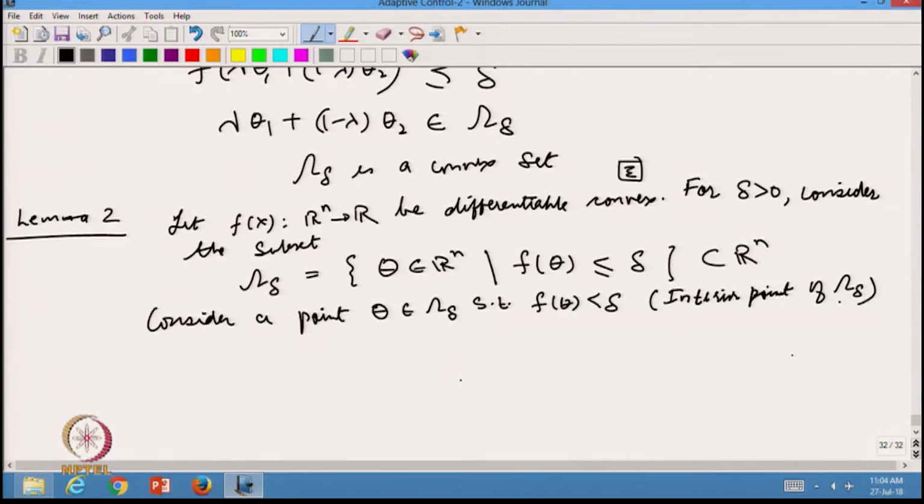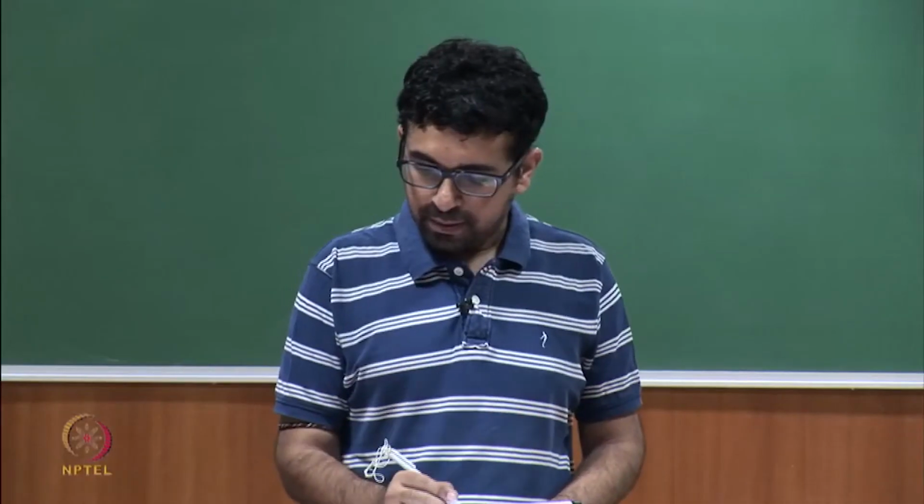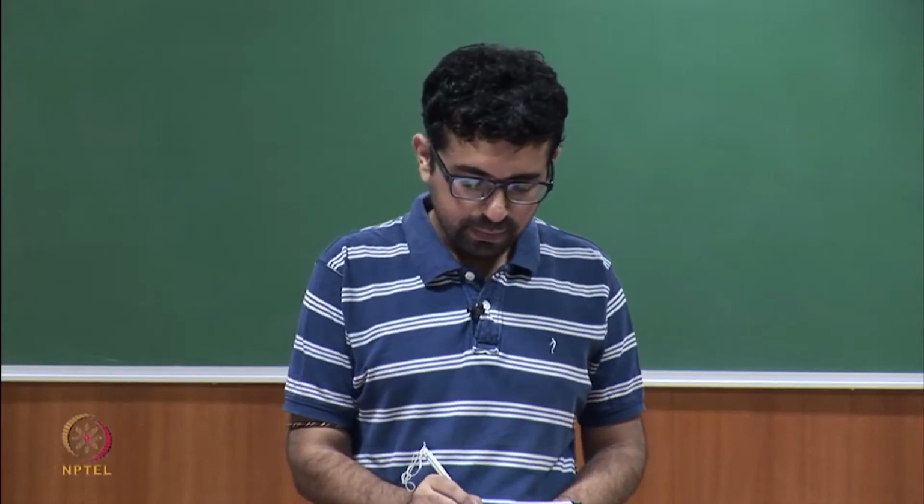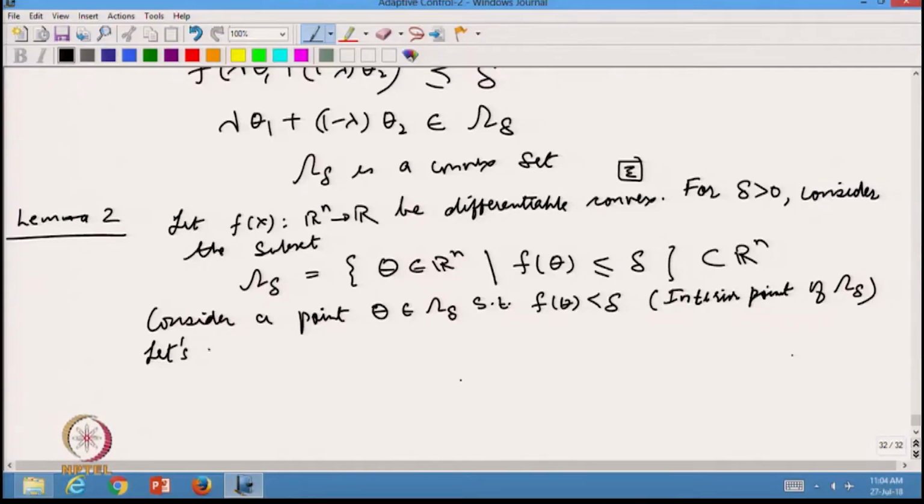Okay. So, let us consider another point and let us denote it by theta b, which belongs to omega delta.